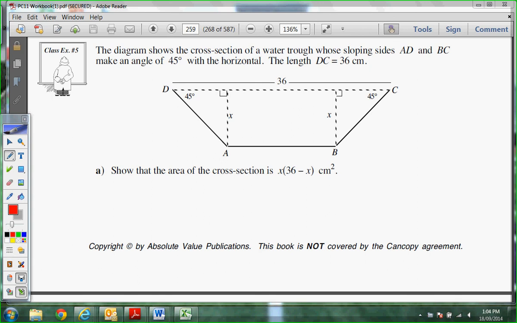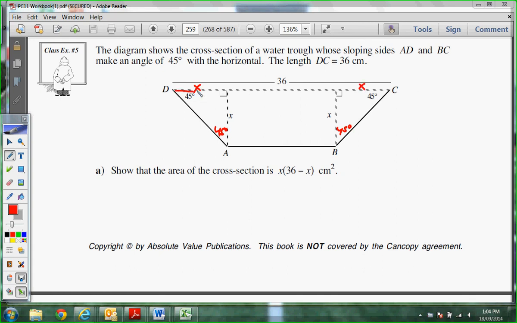You kind of have to, if this is 45 degrees, you did your triangle stuff a little bit, I think, in Math 10. If that's 45 degrees in trigonometry and that's 90, what's this have to be? 45, right? And then same thing here. And in a 45-45 triangle, what do you know about the legs? They're equal. Good. So if this is x, then this is x. If this is x, then this is x.